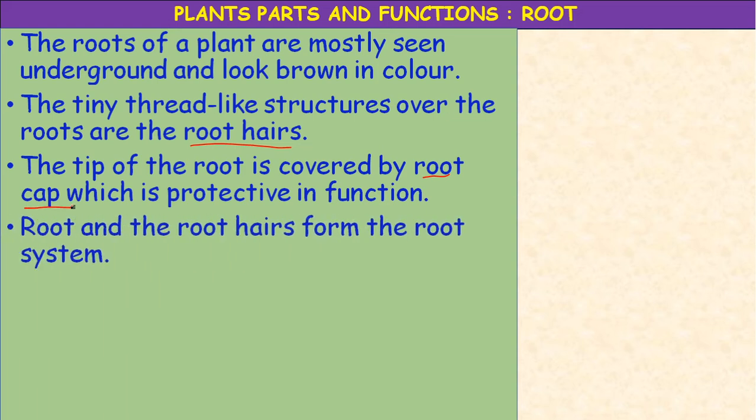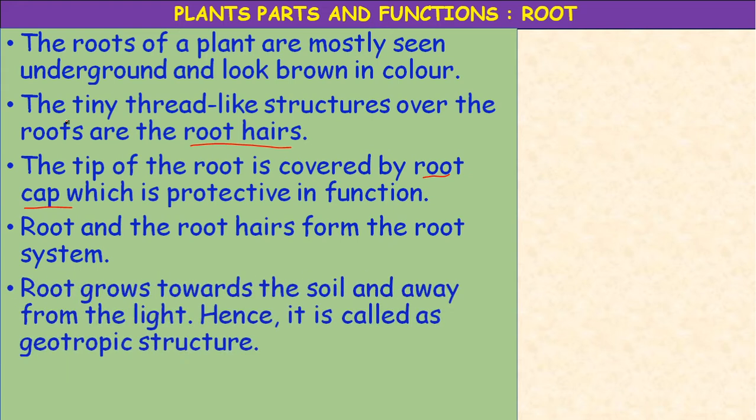The root and the root hairs together form the root system. Where is the root system, children? It is below the ground, embedded in the soil. So the root grows towards the soil and away from the light. Hence it is called a geotropic structure.